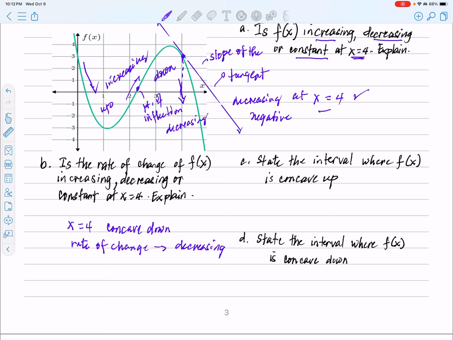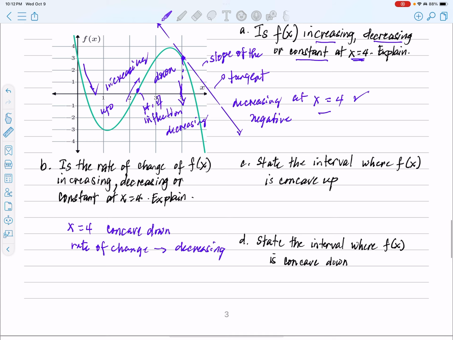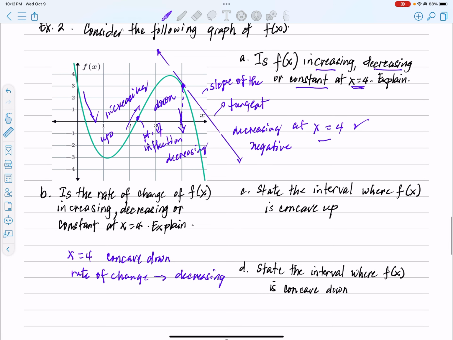State the interval where f of x is concave up. Okay, let's look at this. Because we are looking for intervals, this one is negative infinity, and this is the end behavior, positive infinity.